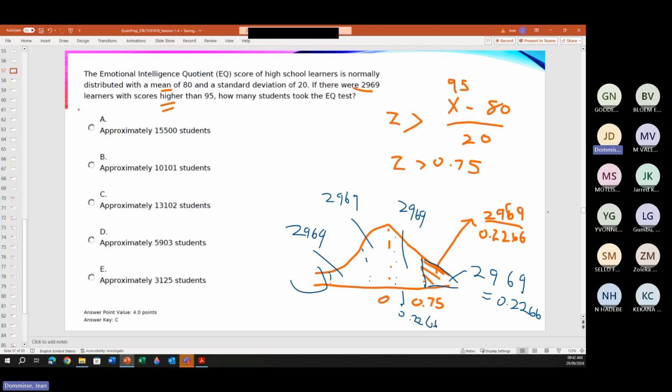So the easiest is to say 2969 divided by 0.2266, and that total will give me 13,102, which is option C.